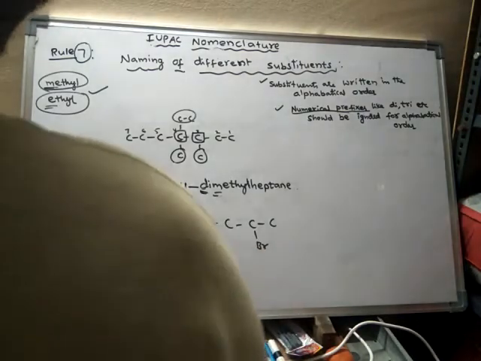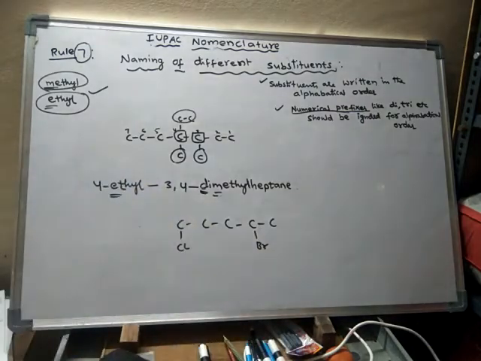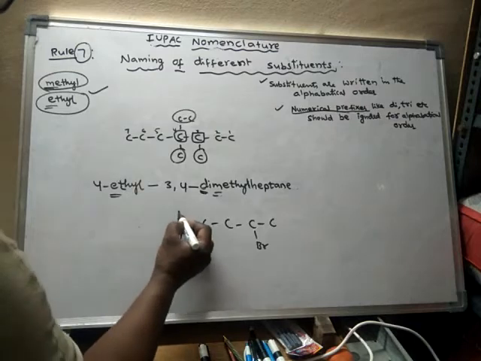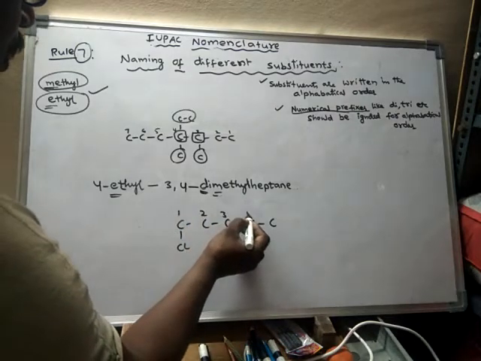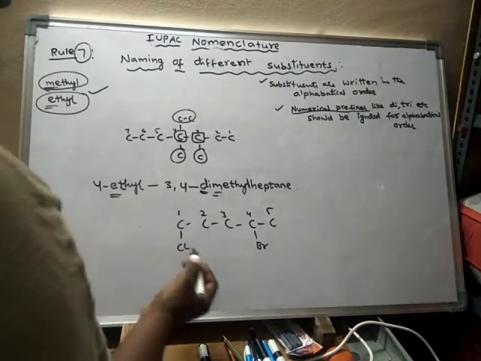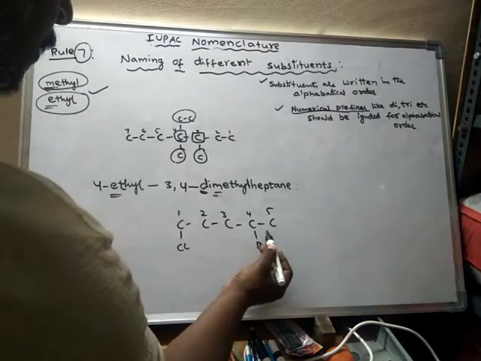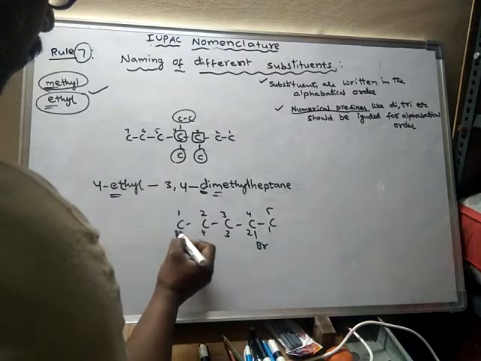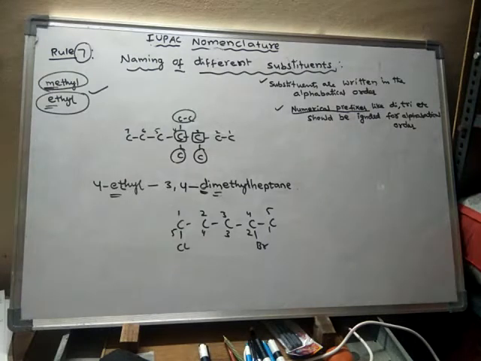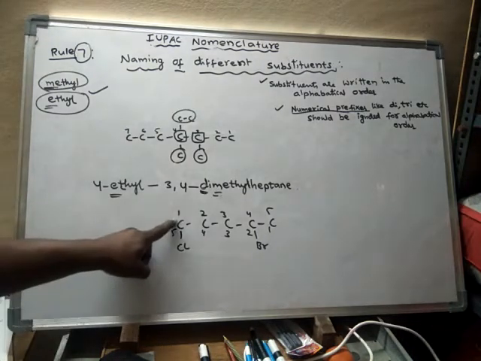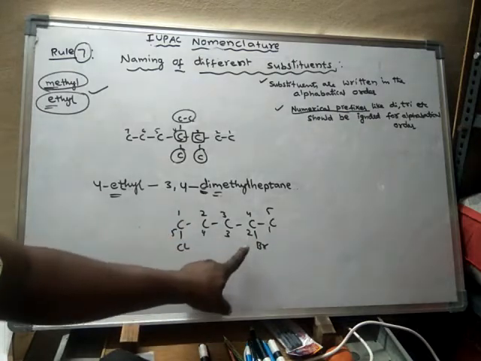When two different substituents are present on different numbers, if you give numbering from here 1 2 3 4 5, and in the opposite direction, if you give 1 2 3 4 5, in this case the lowest locant in this direction is 1, but in this direction it is 2.